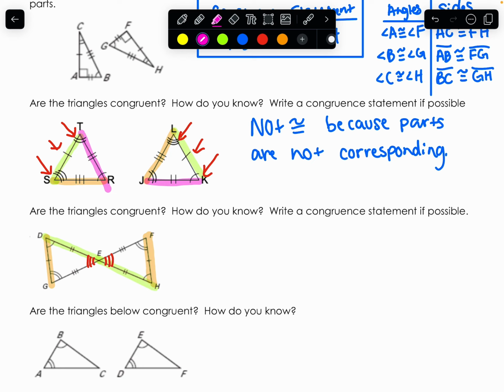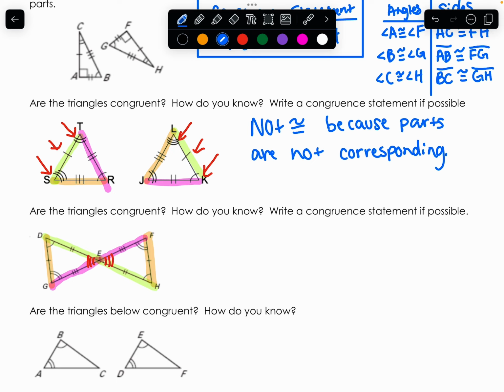And it has 2 tick marks. So we're good. And FE goes with GE. And the corresponding parts are in the corresponding places. So this is matching up everywhere. So these are congruent.